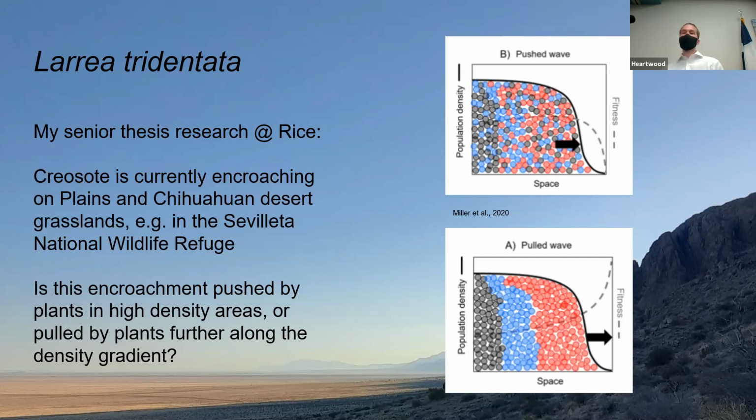And that can have a significance basically to the genetic structure of the community, because a pulled wave will allow something called gene flow, which is just basically the random loss of some genes to cause the population to lose genetic diversity as it advances. And that's what you see basically in the colors on those two different graphs.